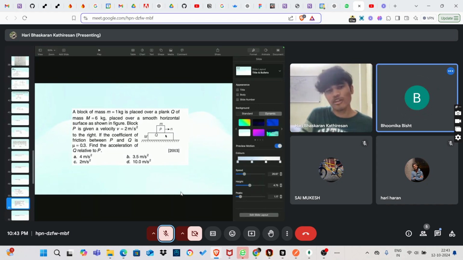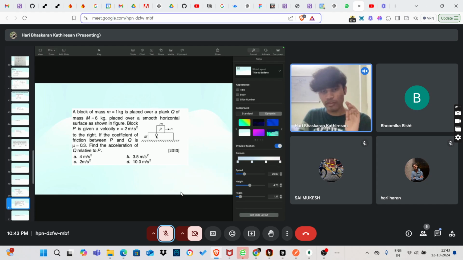So the motion of M is purely due to the friction between P and Q, right? If we consider the friction acts towards the right, then F equal to ma gives you the acceleration of M.